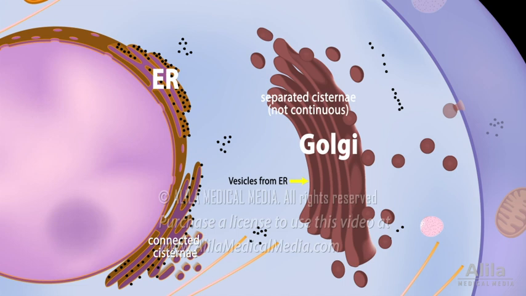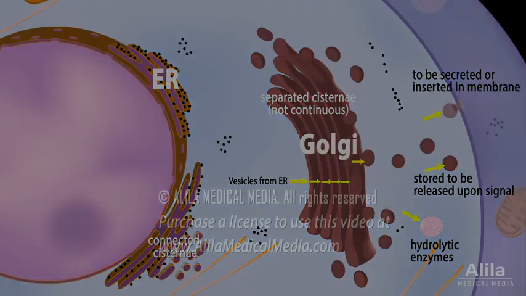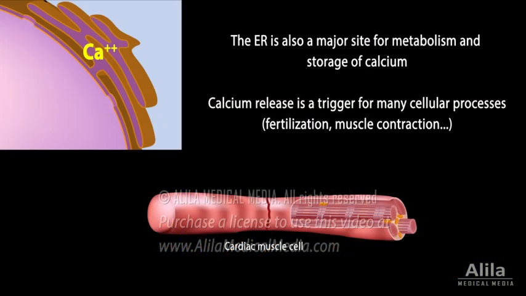Similar vesicles transport lipids and proteins from one cisterna to another, and ultimately to their destinations, the plasma membrane, lysosomes, or storage vesicles. The destination of a protein is typically determined by a signal sequence acting as an address tag within the protein. The ER is also a major site for metabolism and storage of calcium, whose release is a trigger for many cellular processes.